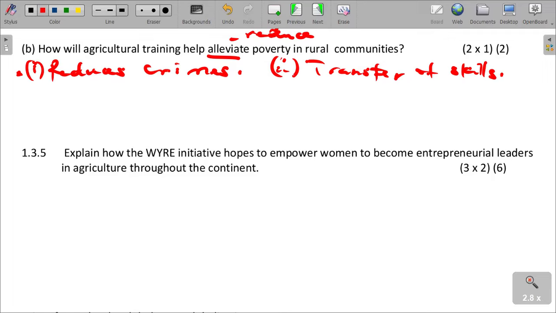You understand? And then we are saying people when they have skills, they are able to work and live on their own. We can talk about access to modern technology reduces poverty. Access to modern technology.